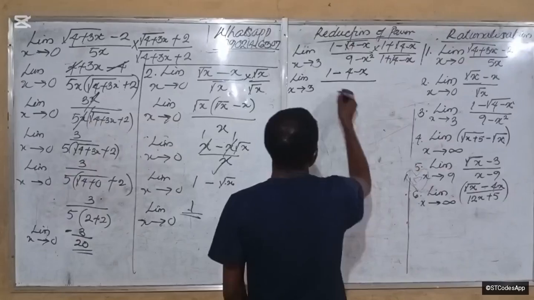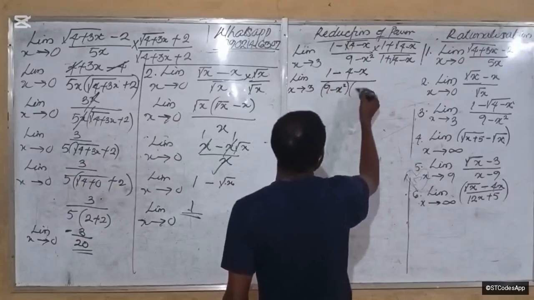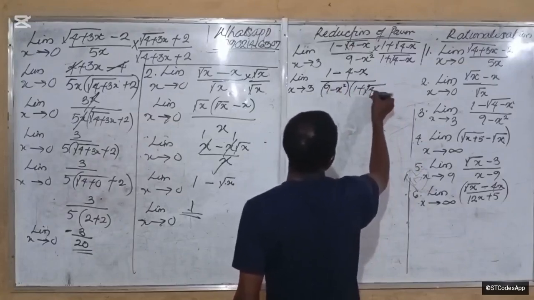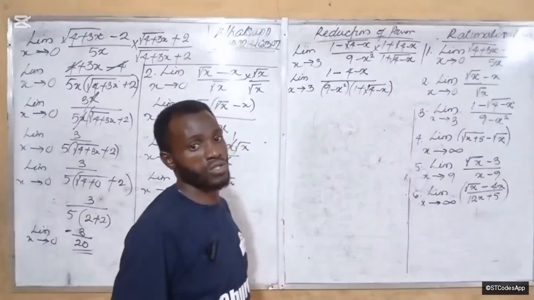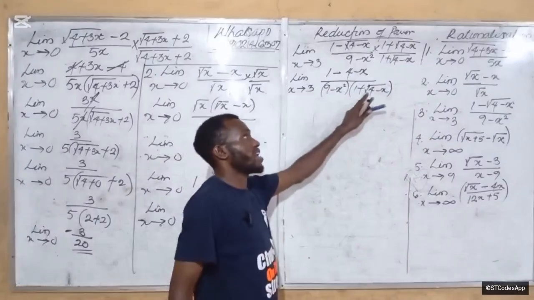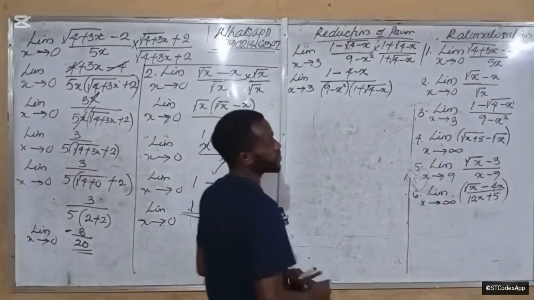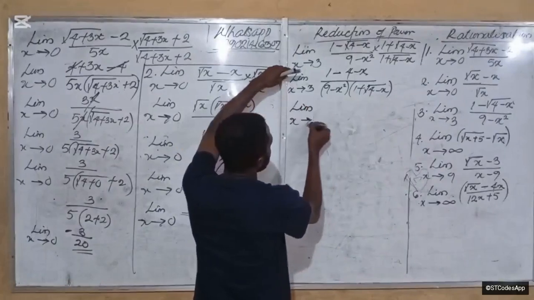So over 9 minus x squared into brackets 1 plus root 4 minus x. And you also see that I'm not quick to resolve or simplify my denominator. I'm not quick to do that because something might come up.